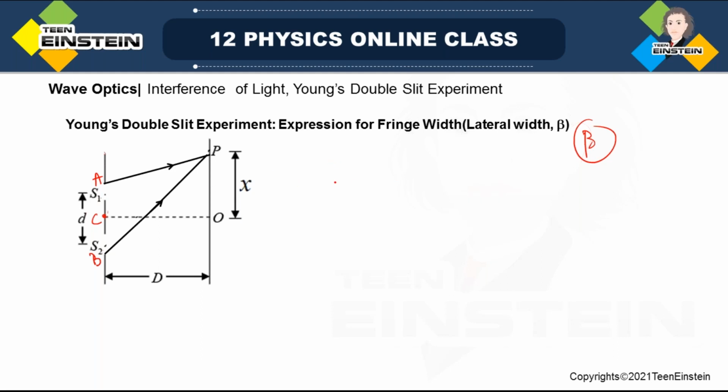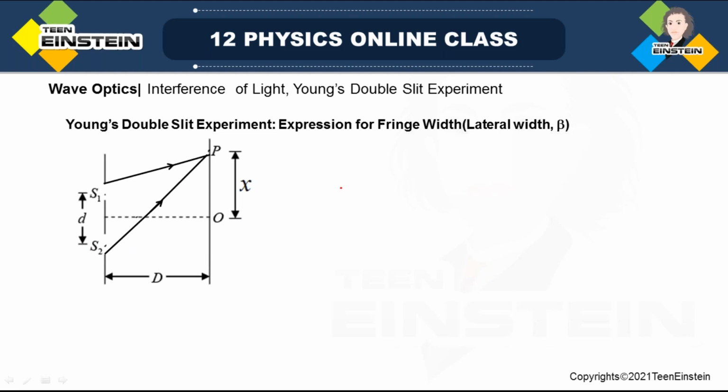If you don't know the position of two consecutive bright fringes, then how can you find out the separation? Suppose I have beta 1 and I have beta 2. We'll just discuss it. Let me first tell you about this experiment.